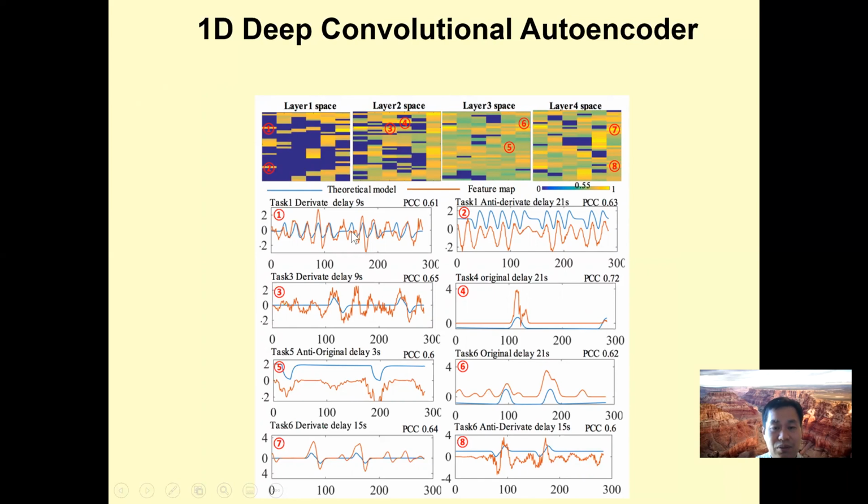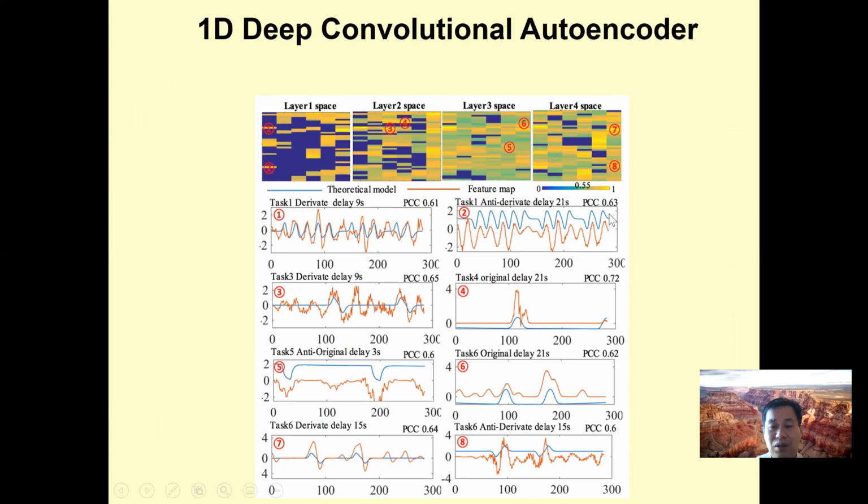We can see that the Pearson correlation between the theoretical model, that is the extended task design, and the feature map looks very similar. So that means most of the time series and the reconstructed theoretical model and its combination are very similar. That means the filters learned by the deep learning model and the combinations in the reconstruction of the time series are very similar to the original time series.